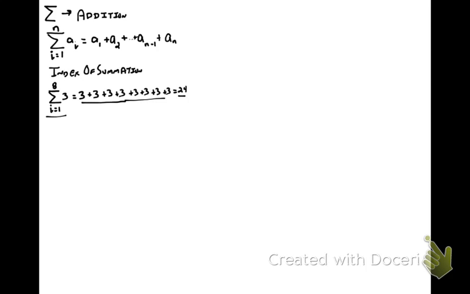Let's consider a different example where we have a rule rather than just a number to deal with. So here we have the summation from I equals 1 to 6, and the rule is I. So that means I'm going to start with the number 1 and substitute in for I and have 1.